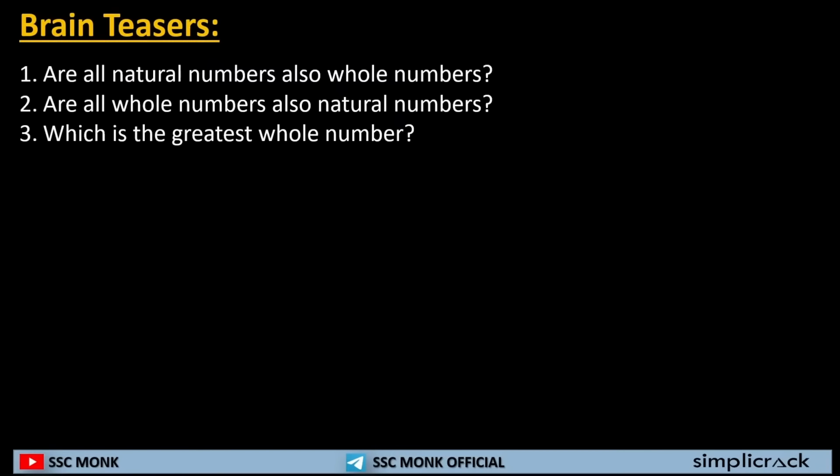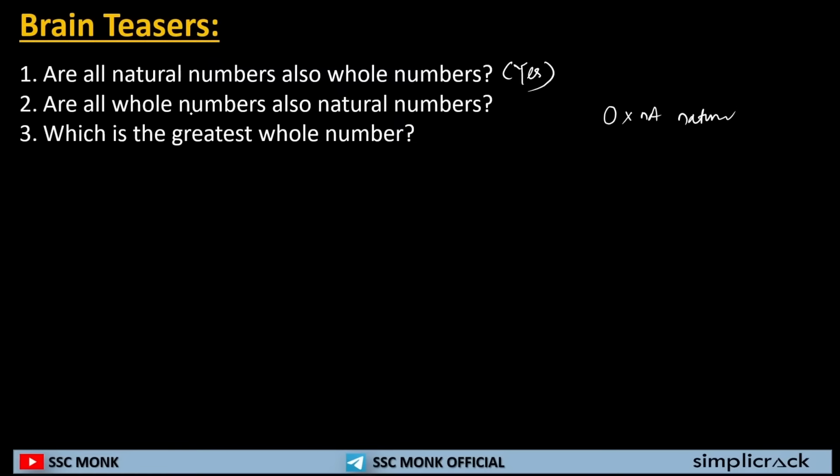Brain teaser. As usual, whatever we learn, we'll test it directly. Are all natural numbers also whole numbers? Yes. Starting from 1, till how many numbers I can count, all are whole numbers. So the answer to this question is yes. Are all whole numbers also natural numbers? Read it again. You can't say yes because 0 is a whole number which is not a natural number.